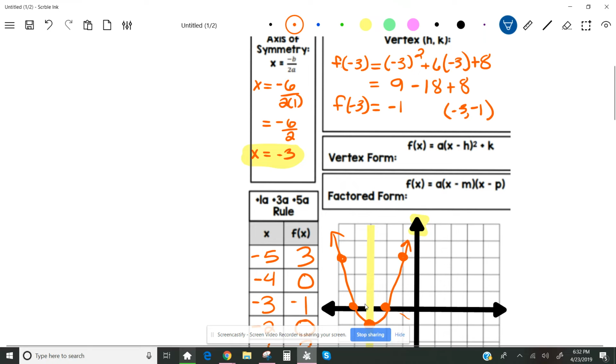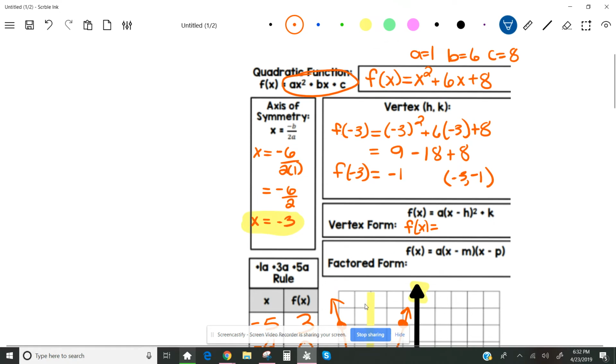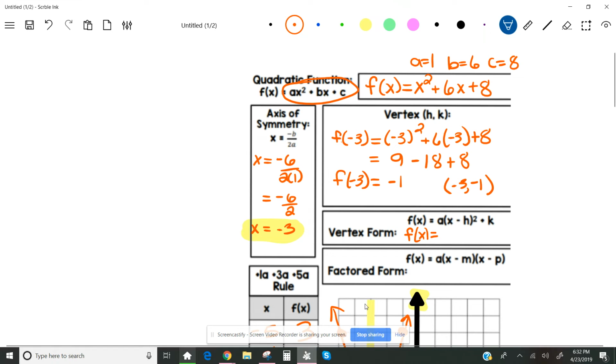Up here, we need to write it in vertex form. So I have f of x is equal to a, and in this case, our a is 1. So we can just put 1 right here, and then x minus h. So our -3 is h, our -1 is k.